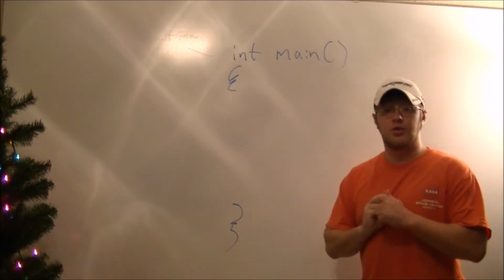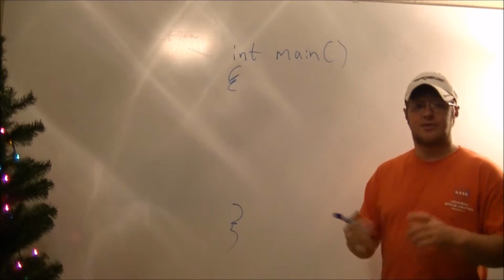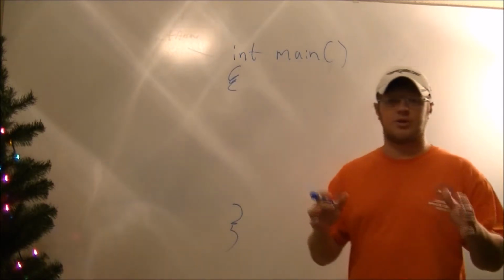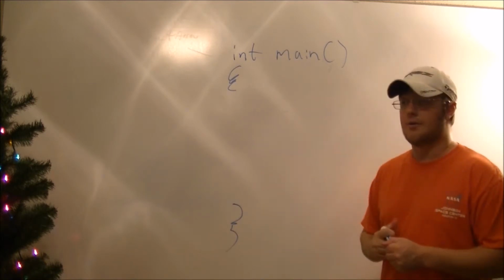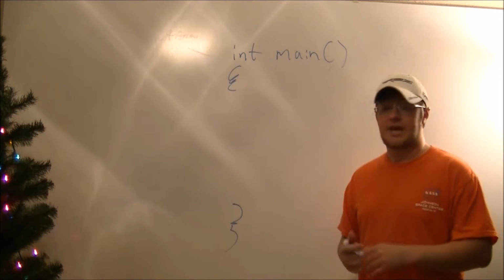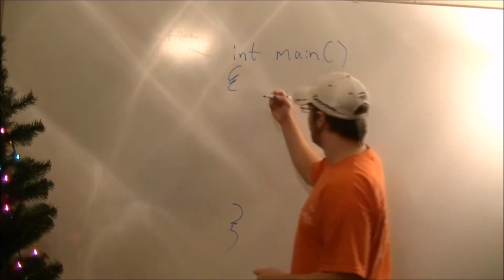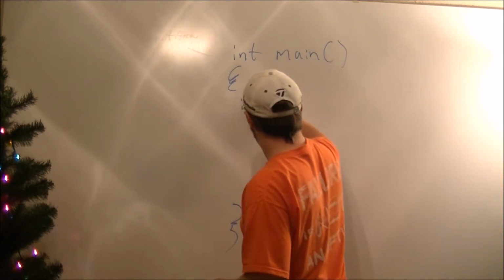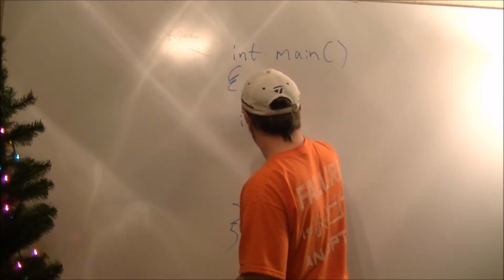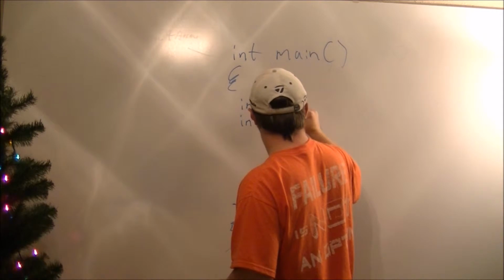And before you use a variable, you have to declare it and give it a name. So for instance, if we want to use a whole number for, let's say we're making a video game and we need to have our character's X and Y position, we could do something like integer X semicolon, integer Y semicolon.